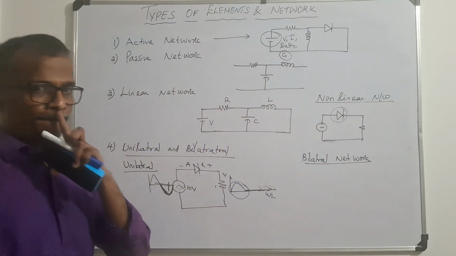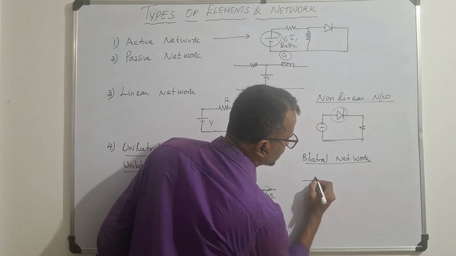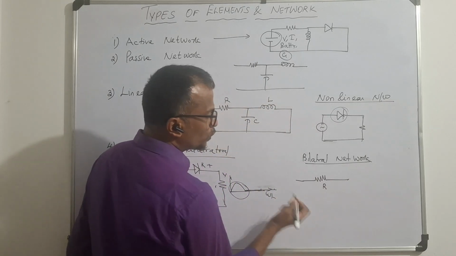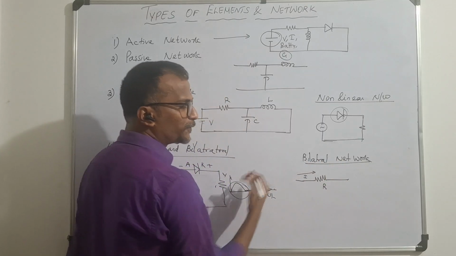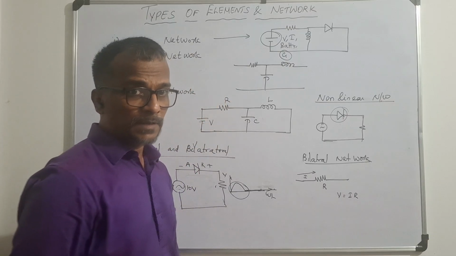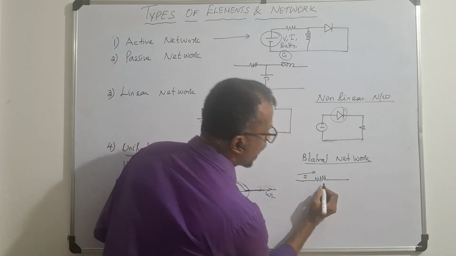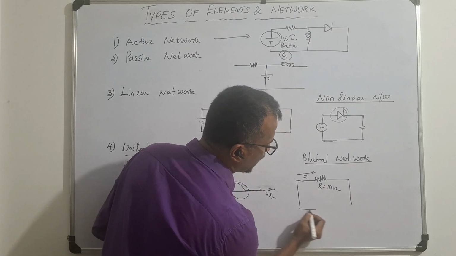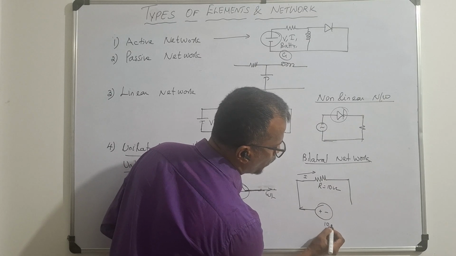In a bilateral network, for example, we have a resistance here. In any circuit, resistance is there, right? The current flows from left to right, and the voltage is V equals I into R. For example, R is equal to 10 ohm, and we give a supply voltage of 10 volt.